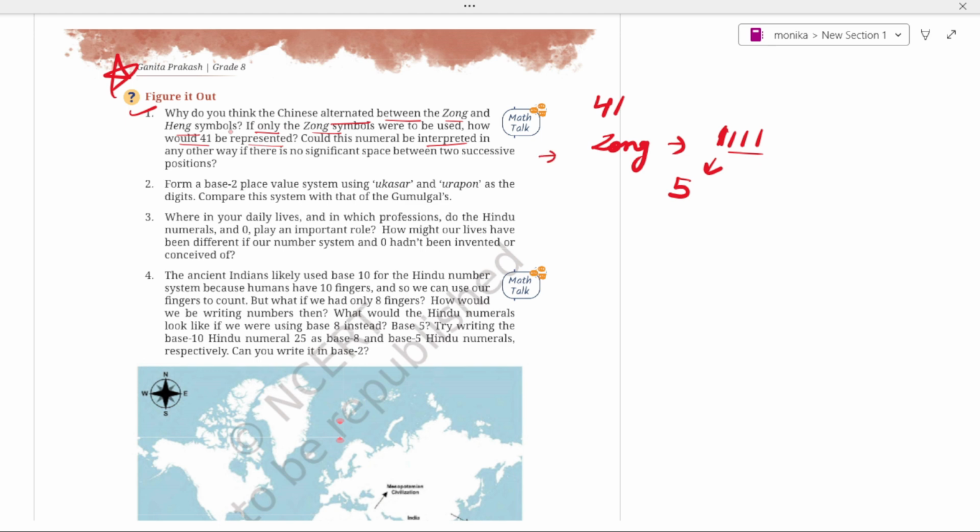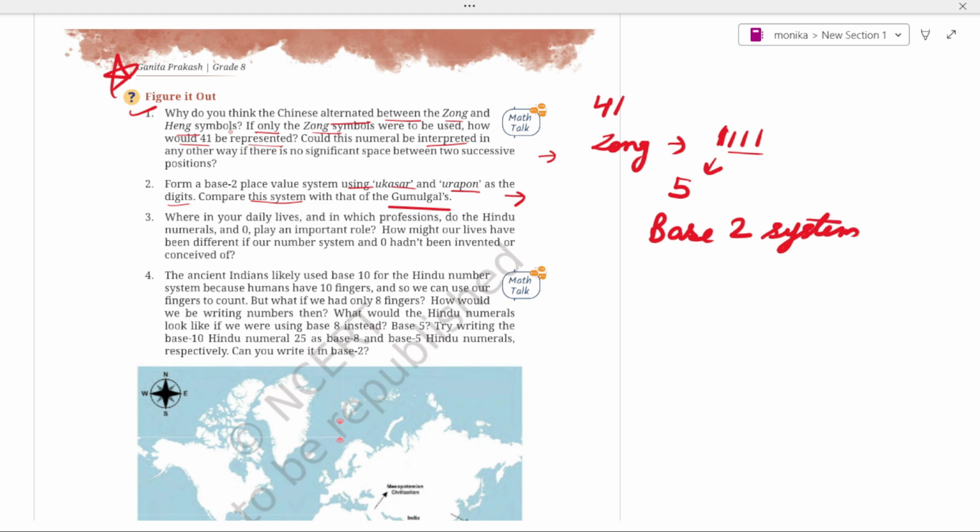Now the second question is that the form of a base 2 place value system using Ukasar and Urapan as the digits. Compare this system with the Gumalgal system. Okay, so we are preparing a base 2 system.